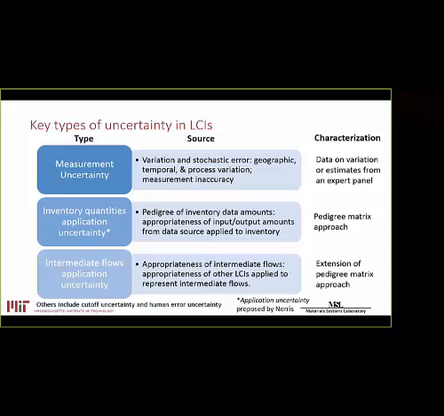Let's say you're looking at steel making in Kenya, but you only have data on electricity from Egypt. You might apply that electricity from Egypt to this process in Kenya. So there's some uncertainty associated with that application of that data as well.